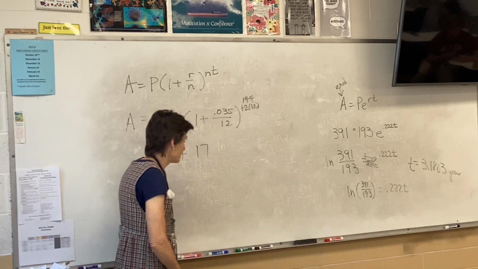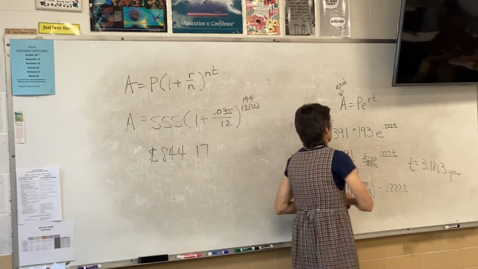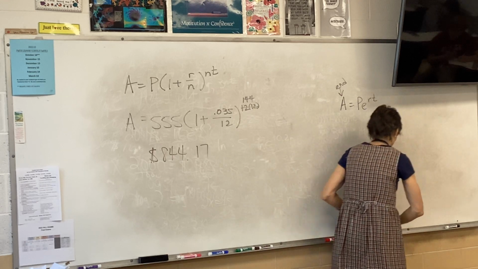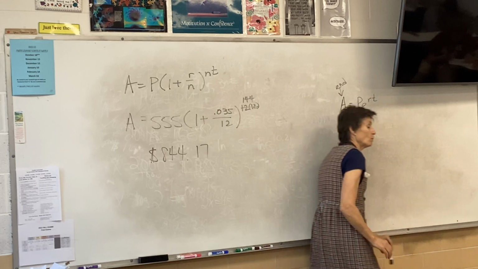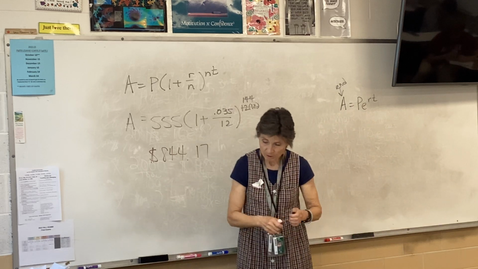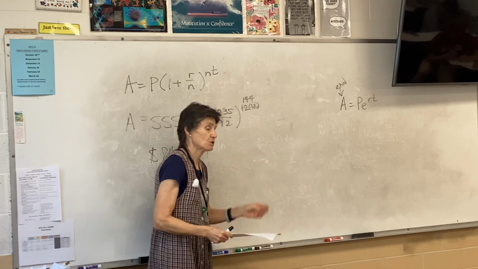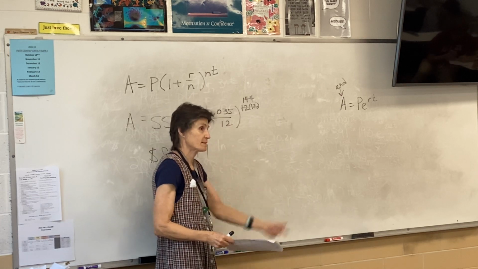All right, one more. Which formula? PERT. How do we know it's PERT? Compounded continuously, that's your clue. No ifs, ands, or buts, that's a PERT.